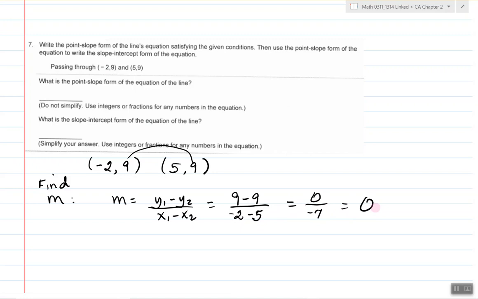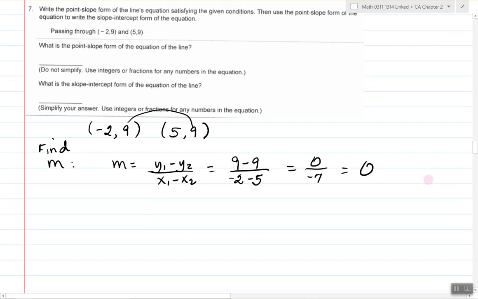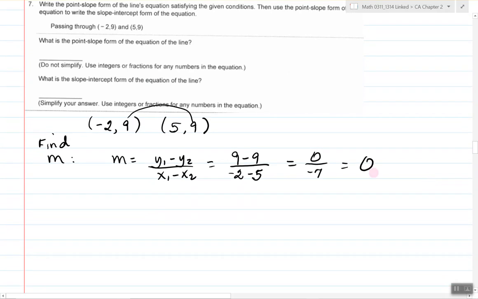Now, I already know this final answer. I know that if this is 0, then I have a horizontal line, and it is y equals the y value, which is 9. So I know my final answer is y equals 9. But I'm going to go ahead and do what the problem says, which is point slope.